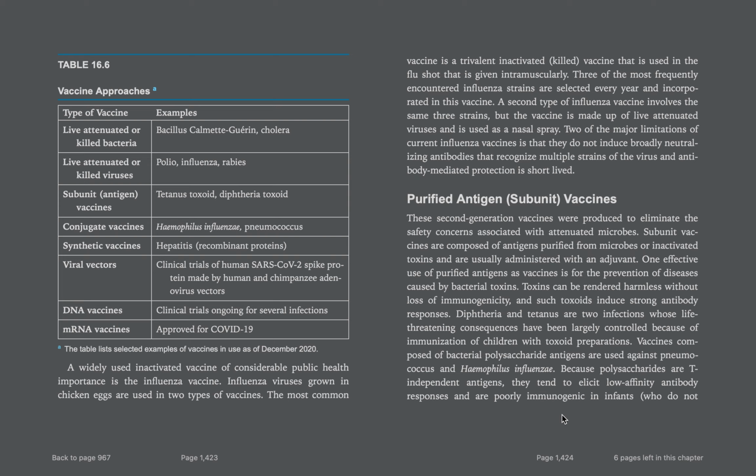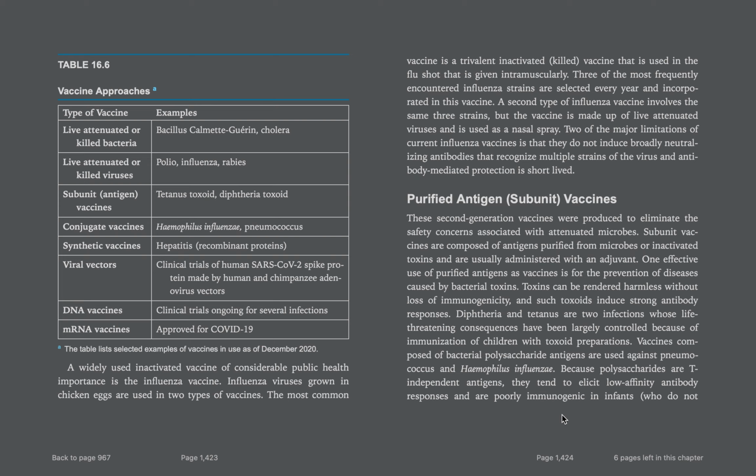One effective use of purified antigen vaccine is for the prevention of disease caused by bacterial toxins. Toxins can be rendered harmless without loss of immunogenicity, and such toxoids induce a strong antibody response. Diphtheria and tetanus are two infections whose life-threatening consequences have been largely controlled because of immunization of children with the toxoid preparations.